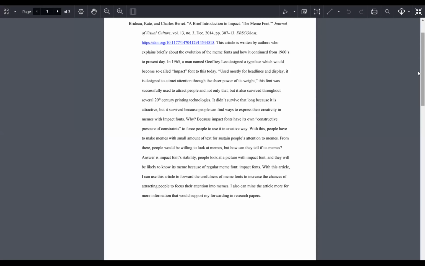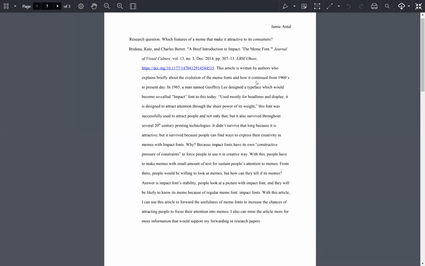So, a really interesting looking article focusing specifically on the impact font. I had never heard of this before. It's really a unique way of looking at how memes are, what's the right word, attractive to certain people. And you go into a number of important quotes that you pull from it.